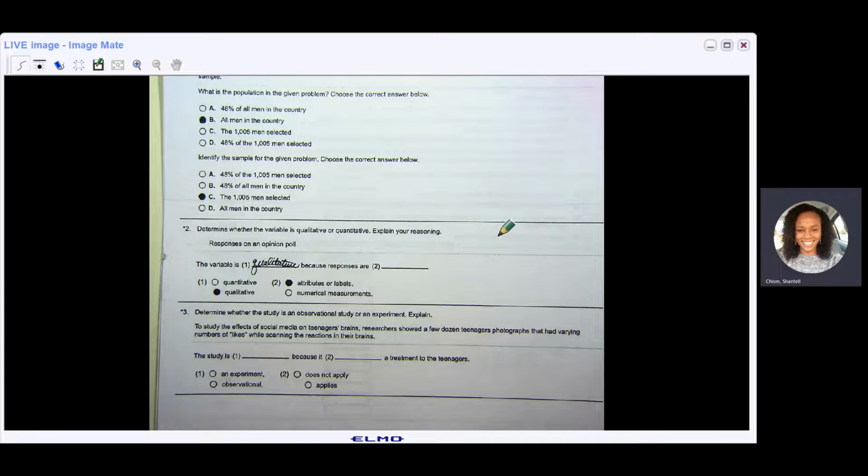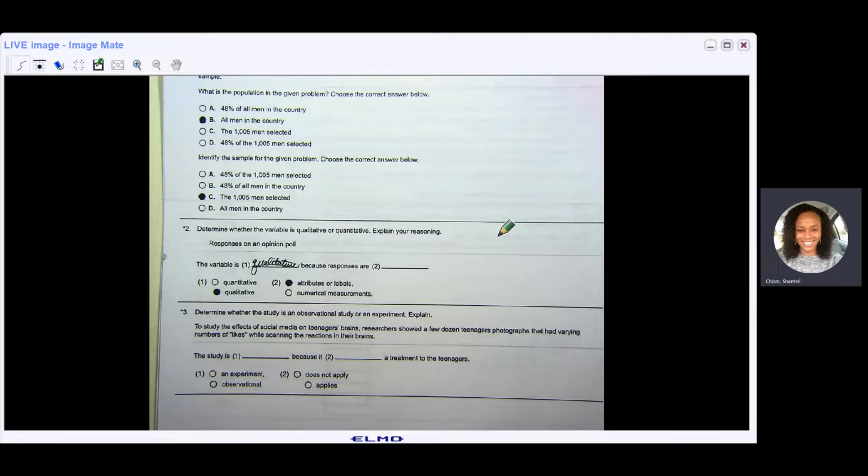So to answer this question, which one do we have? Observational study or experiment? Let's see. To study the effects of social media on teenagers' brains, researchers showed a few dozen teenagers photographs that had varying numbers of likes while scanning the reactions in their brain.